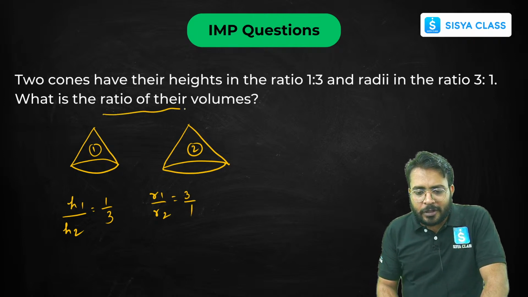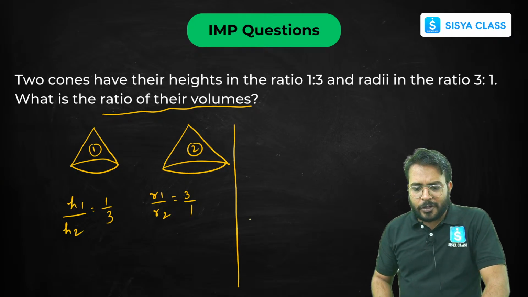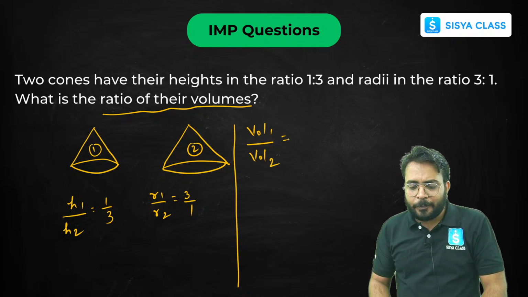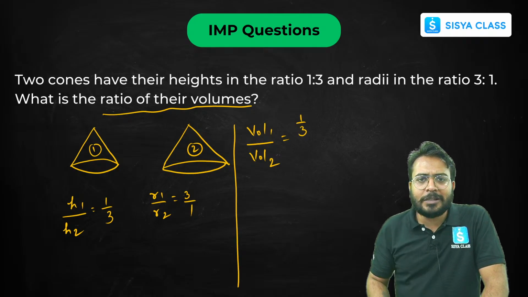And we need to find out the ratio of their volumes. So how to find the ratio of their volumes? Ratio of their volumes means volume of cone 1 divided by volume of cone 2. The volume of a cone is 1 by 3 pi r square h.